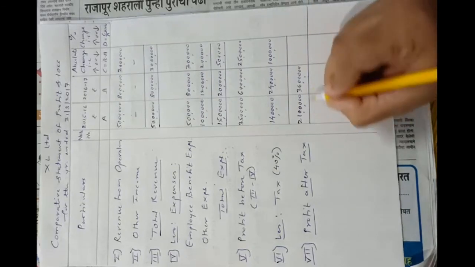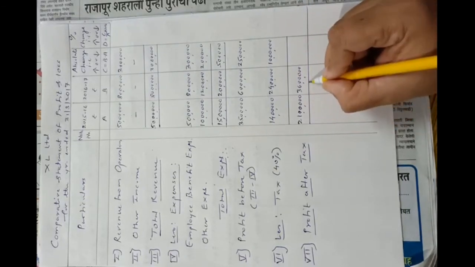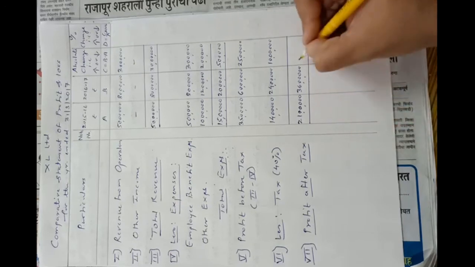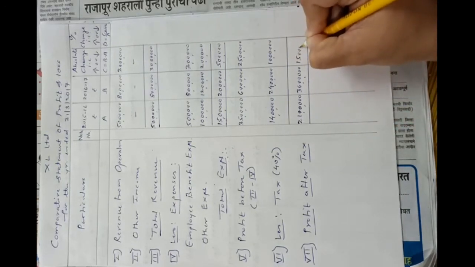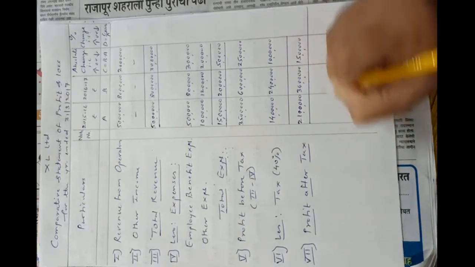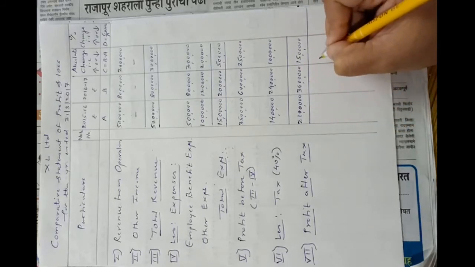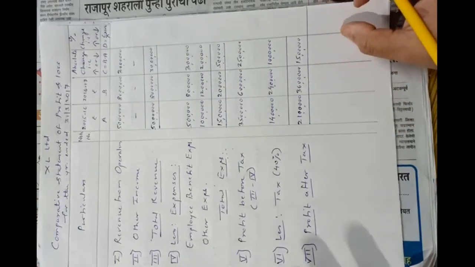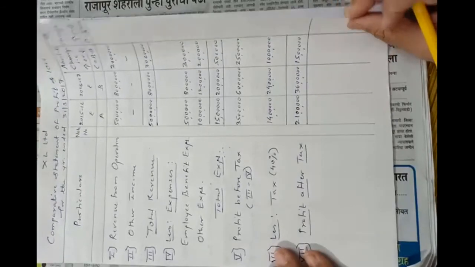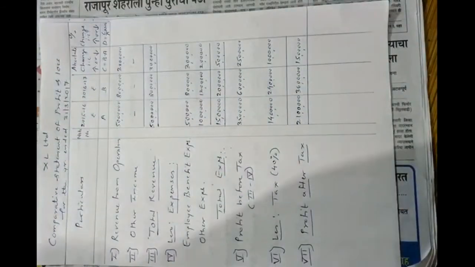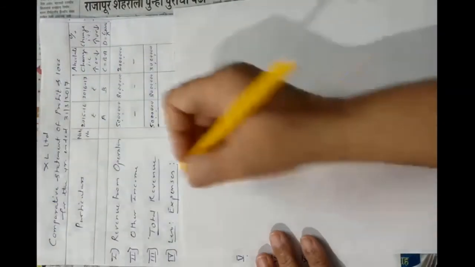Okay, and the difference between these two figures, that is 36 lakhs minus 21 lakhs, there is an increase of 15 lakhs in profit after tax. Okay, now let's calculate the percentage by preparing some working notes.